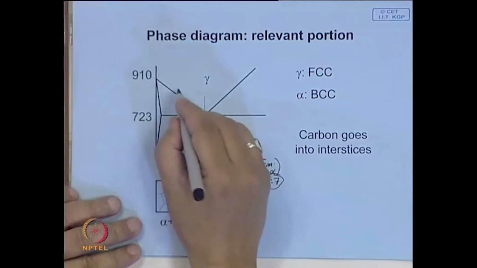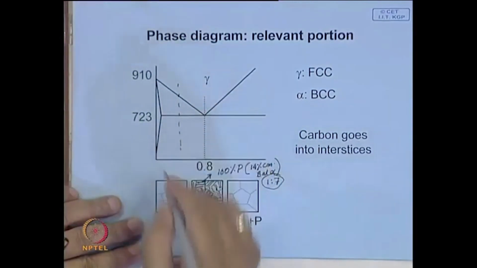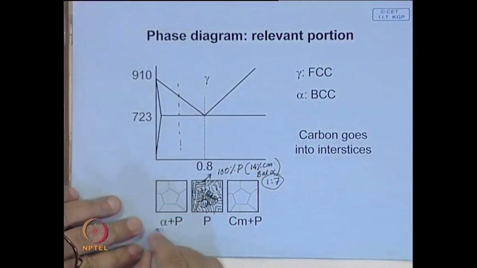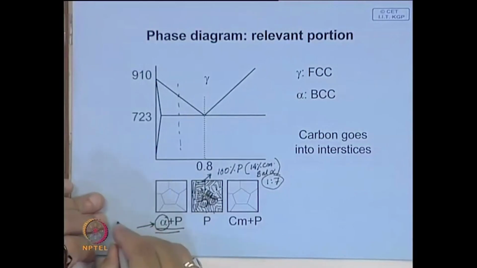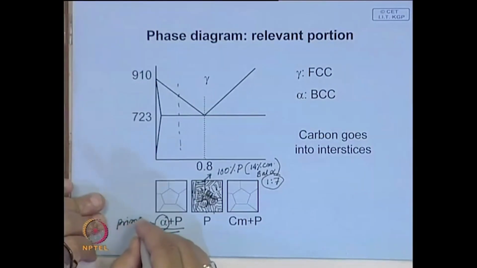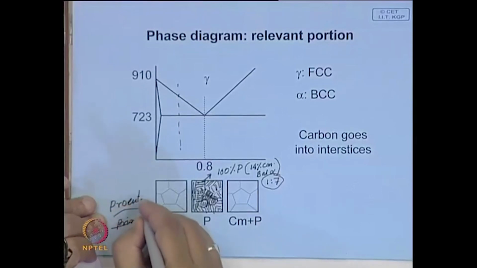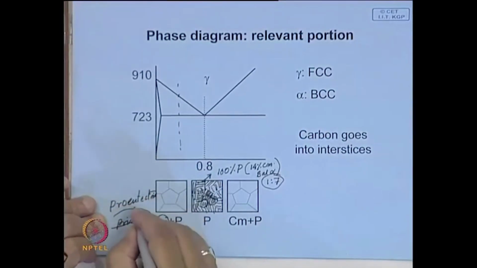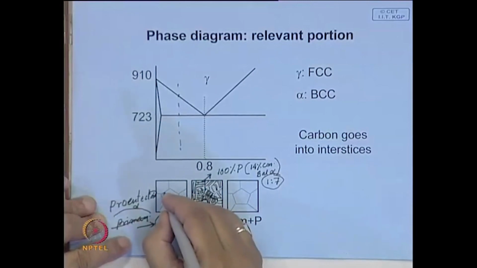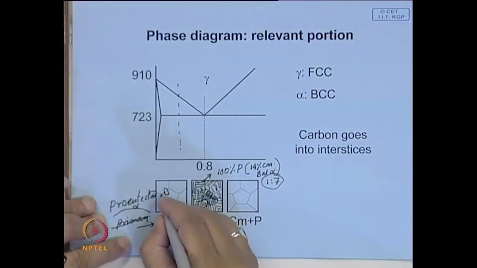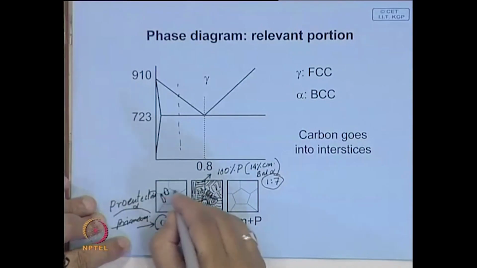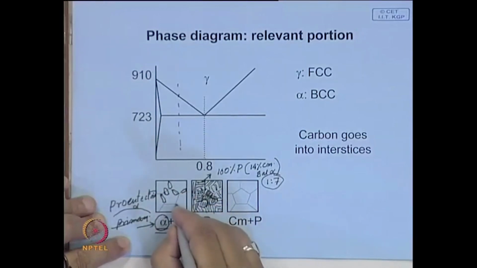Whereas if you have a steel on this side, which is known as hypoeutectoid steel, the structure will have some primary, or what is called proeutectoid, ferrite. The ferrite initially forms on the grain boundary and grows.